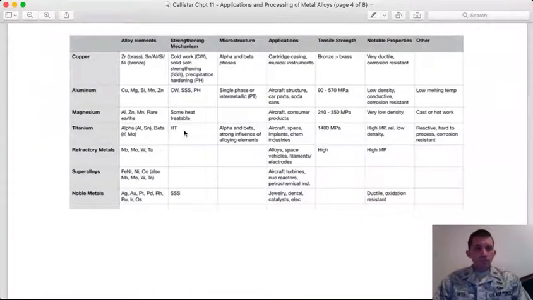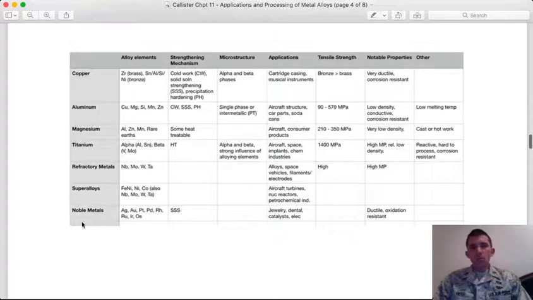Let's see here. Okay, the strengthening mechanism that you see with these, there's a lot of different materials here, right? And so you're going to see pretty much every possible strengthening mechanism show up here, right? You've got cold work. Remember, that's room temperature deformation, creating dislocations that impede one another, so that it gets stronger.